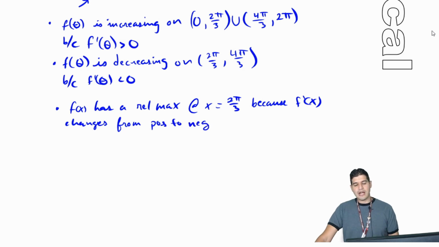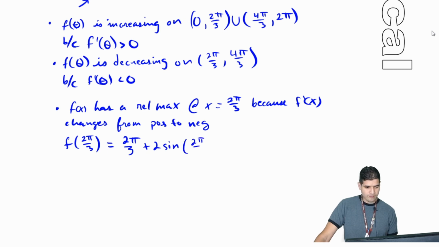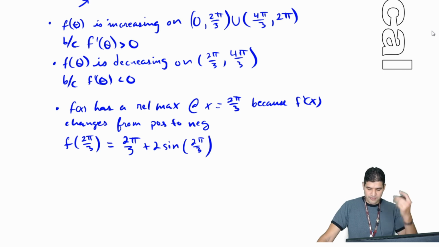All right, so let's figure out that exact value. Let's find f of 2 pi over 3 so we can get the y value of our coordinate. That's going to be equal to 2 pi over 3 plus 2 times sine of 2 pi over 3, our original function there. So let's simplify that.